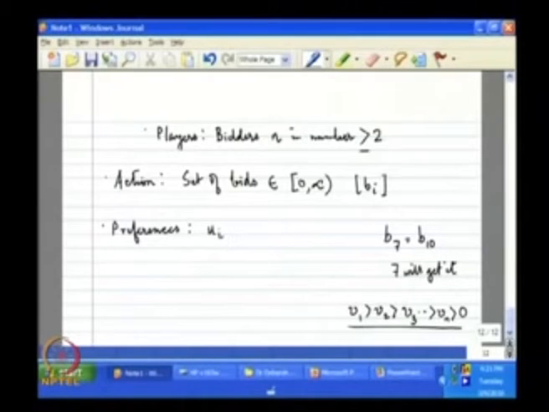The least valuation for the object is for player n, but which is still greater than 0, and these are different numbers, that also has to be remembered. So, in a case where the bids of two players are equal, then the object is allocated to the person with the lower number, because that person values the object more than the other person. So, that is the rationale for tie breaking.